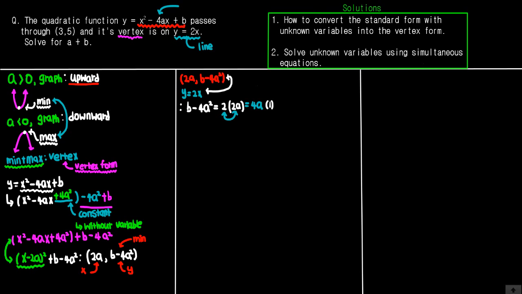And for the second equation, we can make it from the question, which says it passes through 3, 5. So for our function, x minus 2a squared plus b minus 4a squared, from here we can input 3, 5 into our equation.